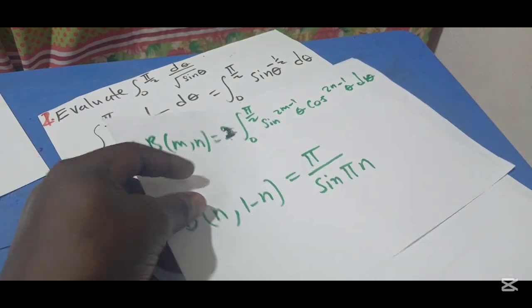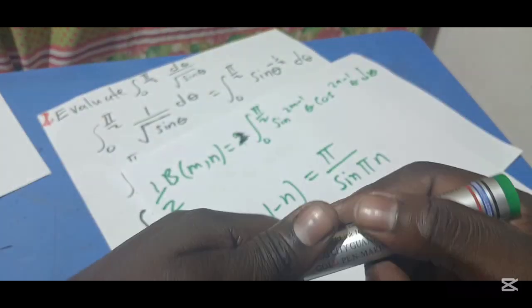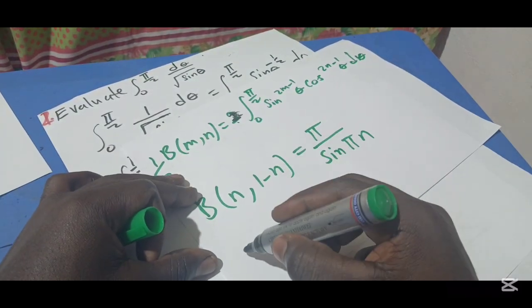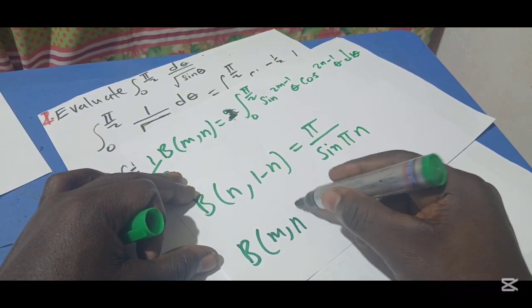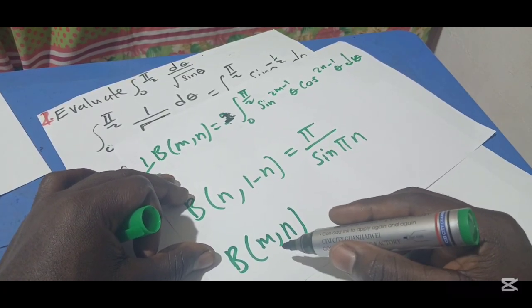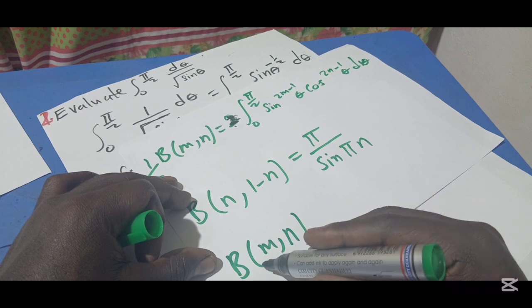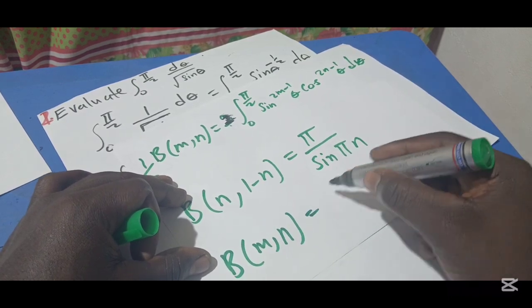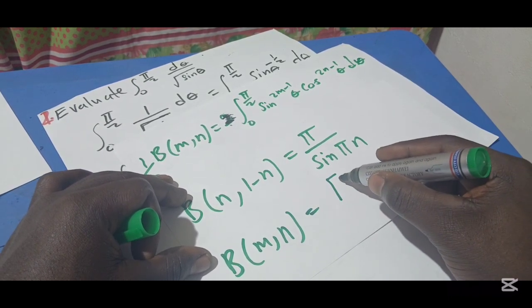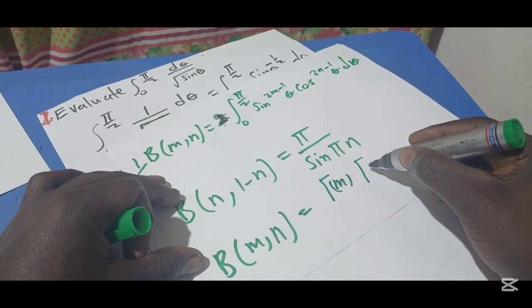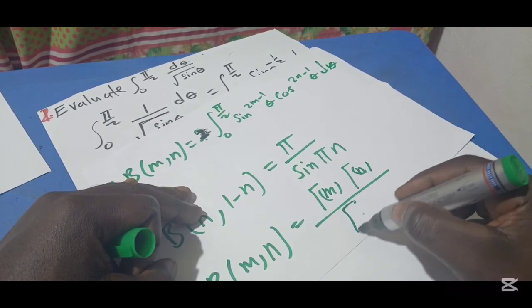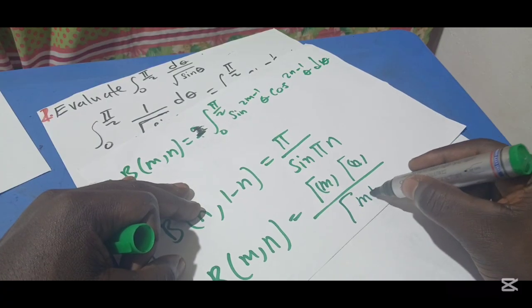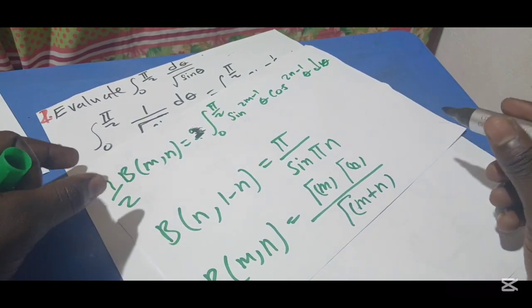So from the formulas, I forgot to add one formula, which is the relation between beta and gamma. The relation between beta and gamma is beta of m, n equal gamma m, gamma n, all divided by gamma m plus n, right?